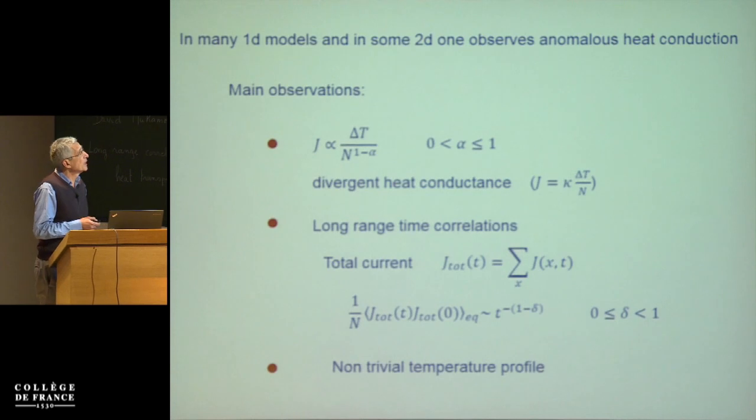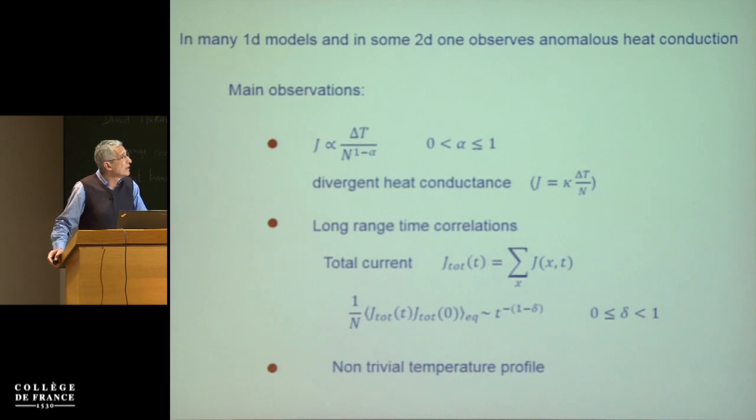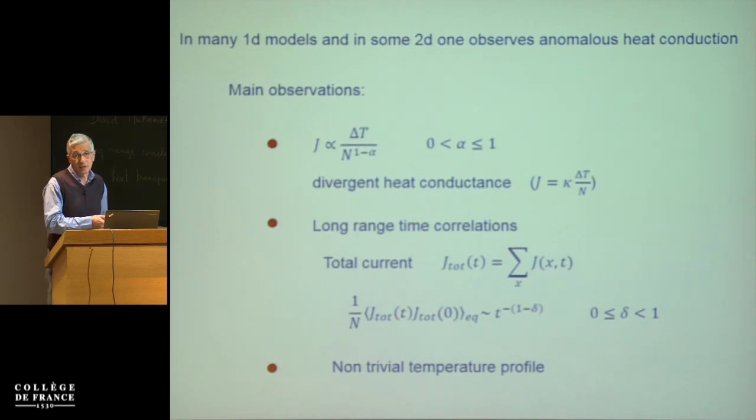In addition, if you look at the long-range time correlations of the total current, where you sum over, or integrate over, the system size the instantaneous current, the total current correlation function, one observes that it decays rather slowly in these systems.